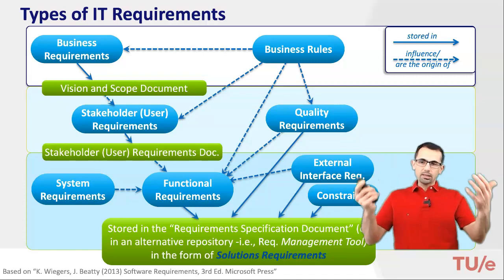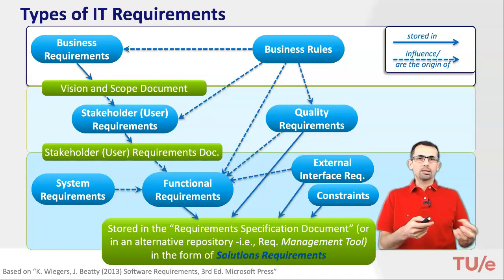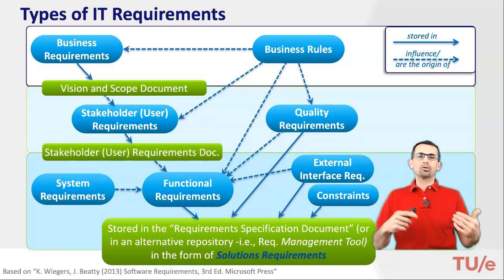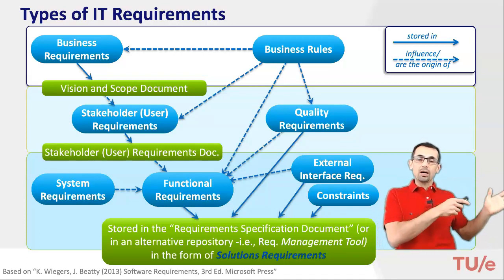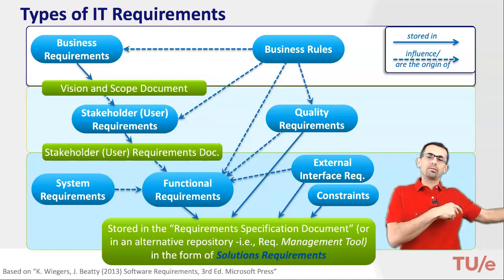Solution requirements is a combined term, a unified requirement statement. It's a higher order category which we use to refer to function requirements, external interface, quality requirements, and constraints. Solution requirements are those targeted at the developer, the designer, in the later phases of development.